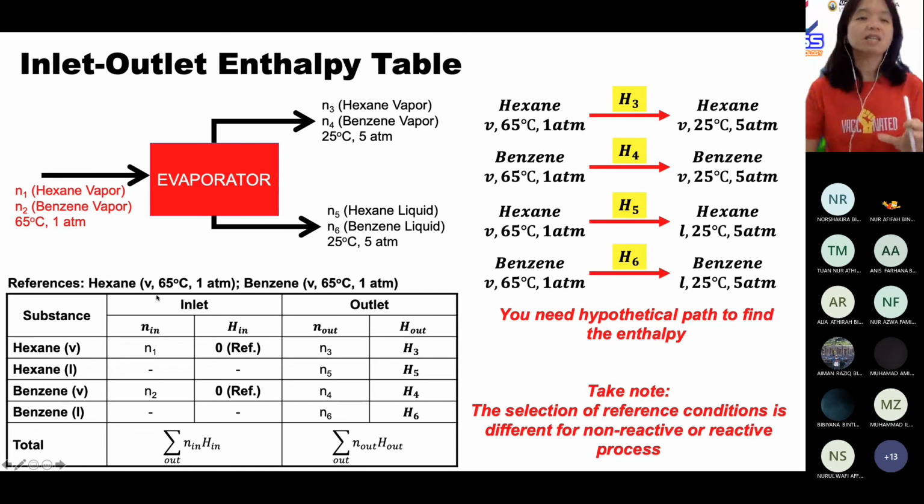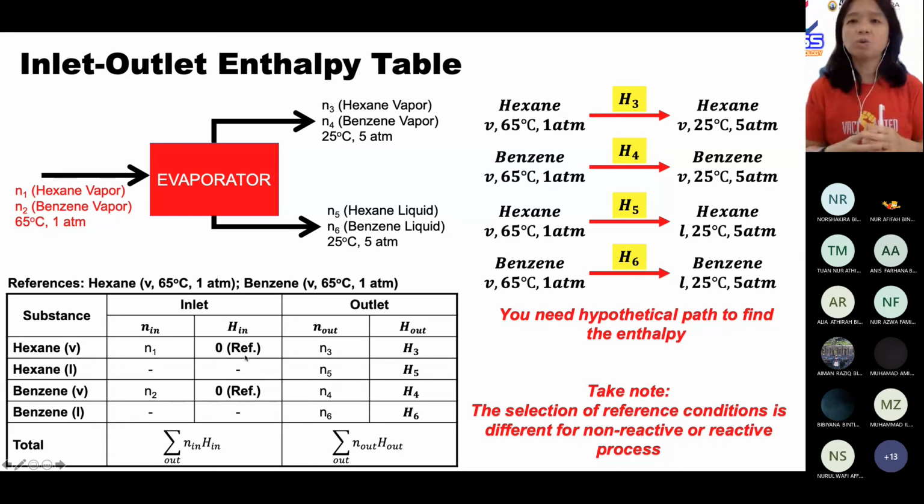Ni contohnya dengan case ni, saya pilih inlet condition as the reference condition. Kamu perasan tak saya pilih reference condition dia hexane vapor 65 1 atm, benzene vapor 65 1 atm. Sama kan? Kalau reference condition sama dengan inlet condition, dia tak ada perubahan entalpi kan?